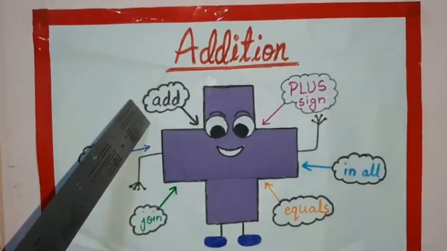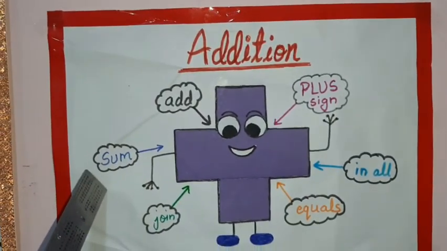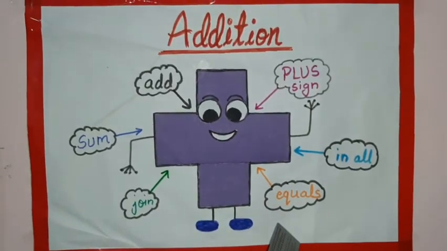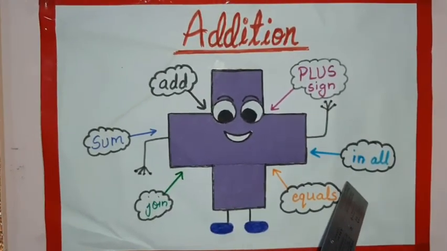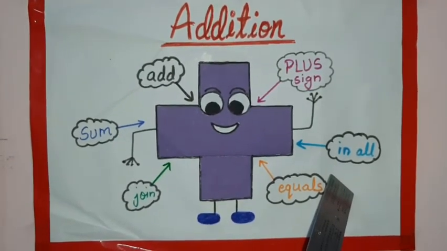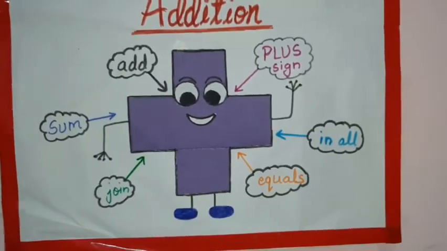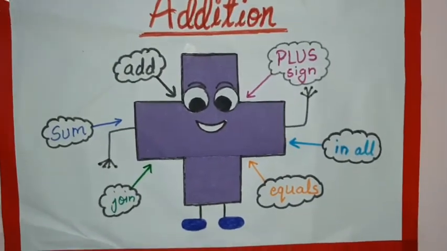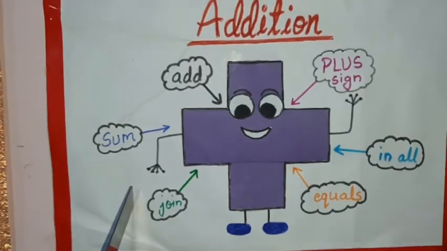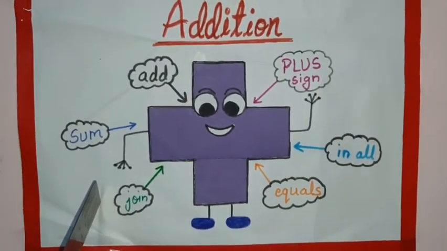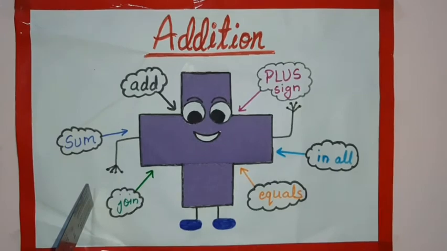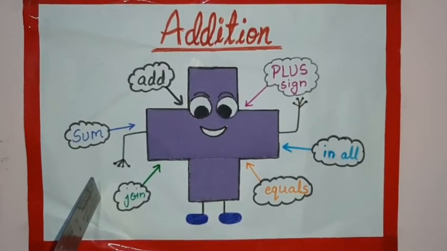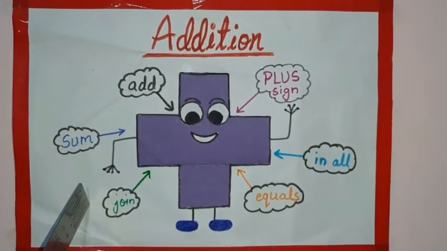It adds, it sums up the things, it joins the things together, it makes them equal, or it tells us how many things we have in all. So children, let's say hi to the plus sign. Hello plus sign. Now we are going to do the addition of two-digit numbers with your help. Are you all ready? Very good. So let's start our addition.